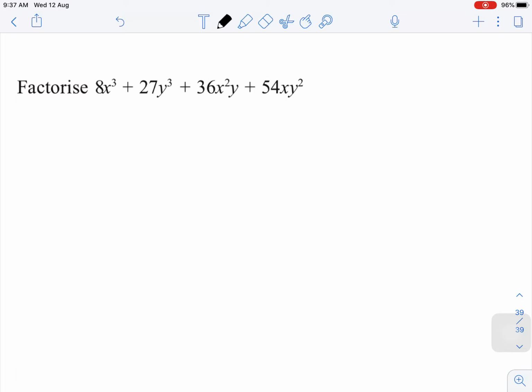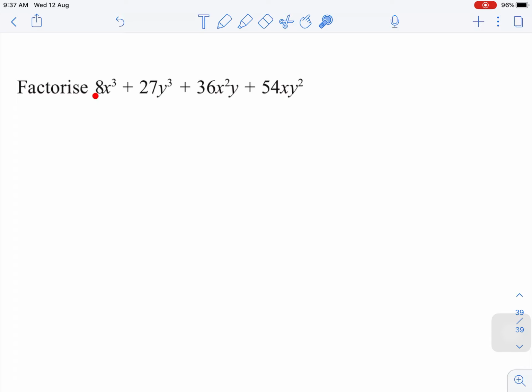Now here in this example, it is given: factorize 8x cube plus 27y cube plus 36x square y plus 54xy square. Now whenever an example is given of factorization, you have to look at the perfect square or the perfect cube.